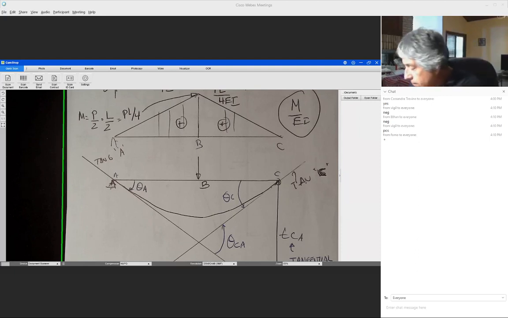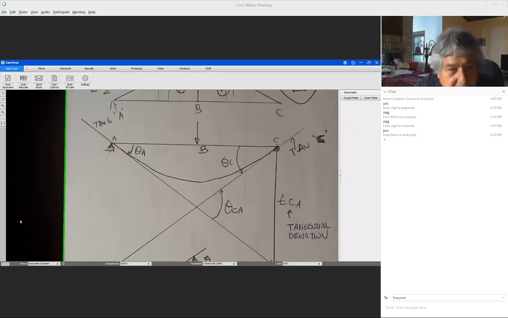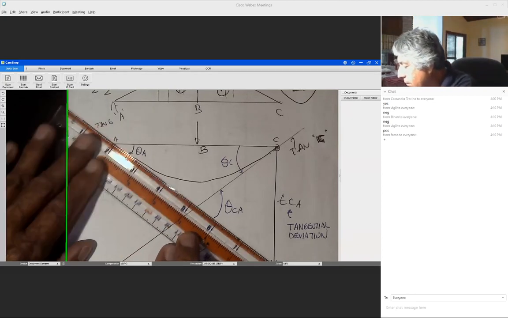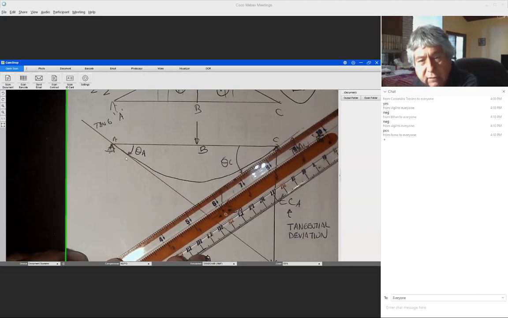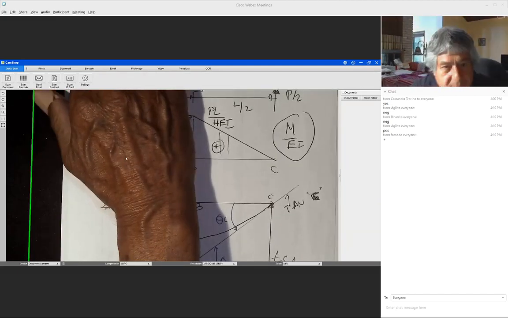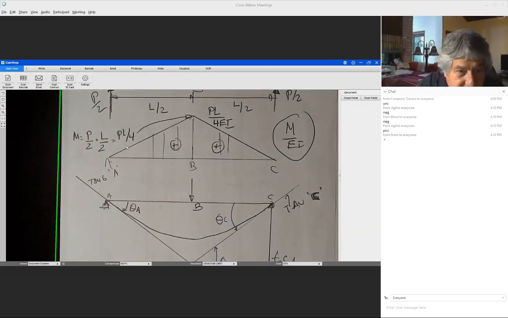And remember, to theta A, I need to add this angle to get to the next slope. So what I have here, next, this area is 1/2 of L times PL over 4 EI.